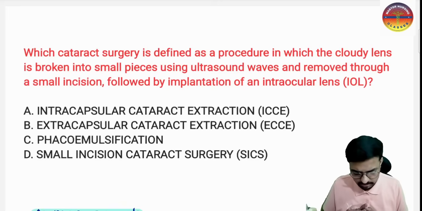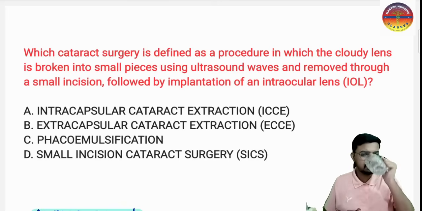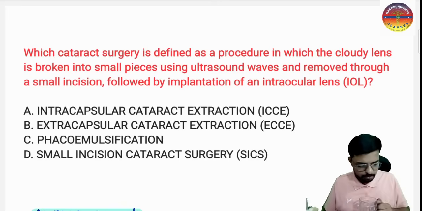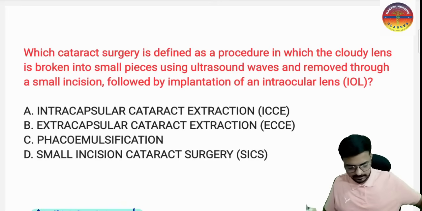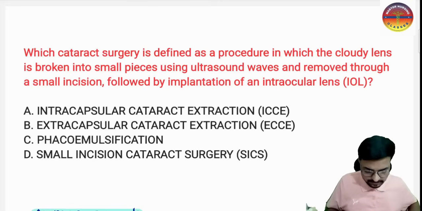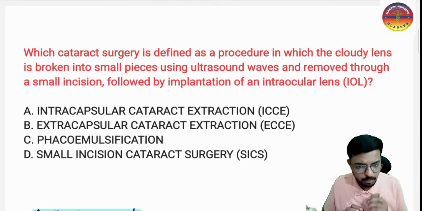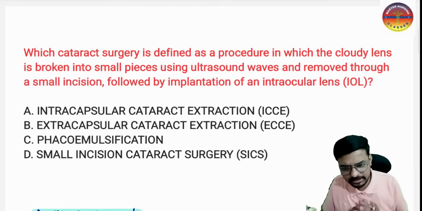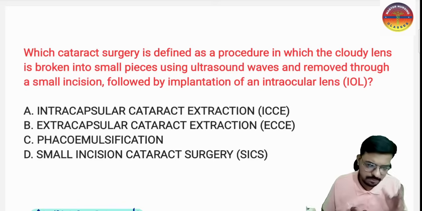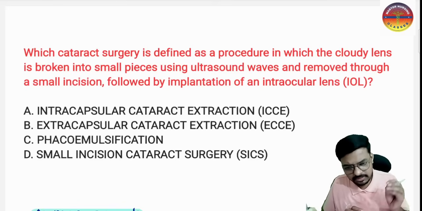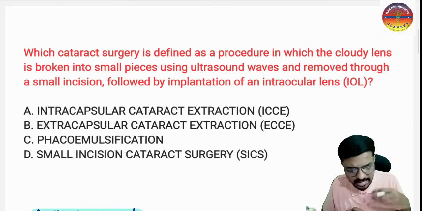Okay, so here is the question we have. Which cataract surgery is defined as a procedure in which the cloudy, opaque lens that was there in the cataract condition is broken into small pieces using ultrasound waves?